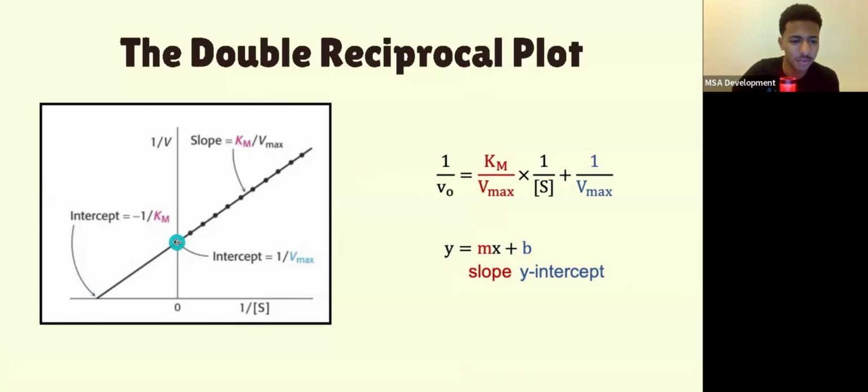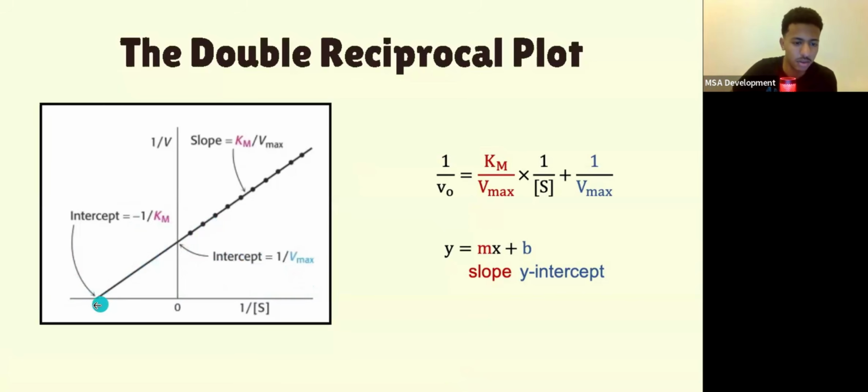So from this, if you read it, the y-intercept, the place where the graph crosses the y-axis, is equal to 1 over Vmax. So whatever value you get over here, let's say you got 2, you're going to do 1 divided by 2, which is going to give you 0.5, and this is going to be the Vmax value.